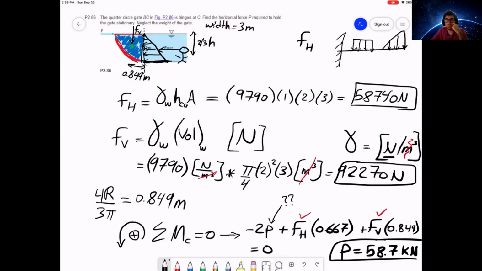Yeah, you want to calculate the pressure at that point specifically. It's basically just gamma h, which is h will be 2 in this case because you're calculating the pressure right at the bottom, 2 meters. It's different because this is the curve.